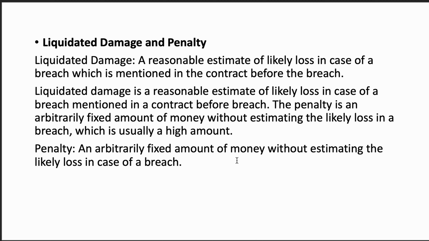Here the amount that has to be given in compensation is decided beforehand and it has been mentioned in the contract too. So you're not going to decide the amount in the court.